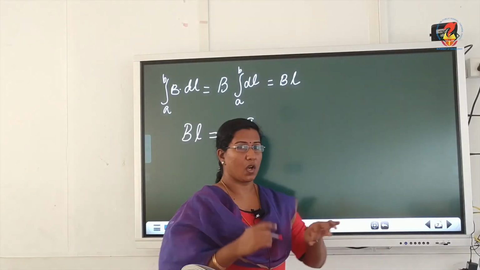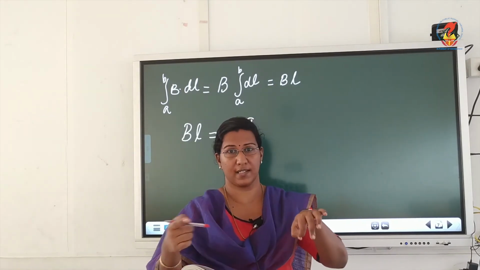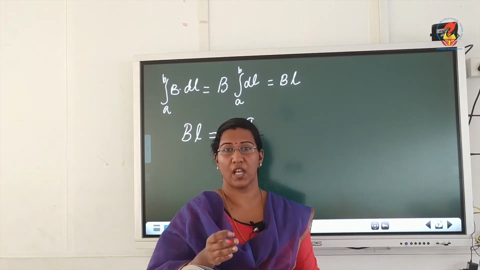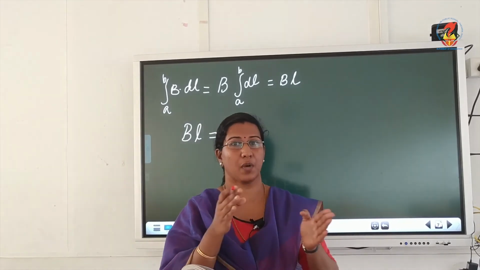Now, you know, a solenoid consists of N number of turns or coils, and through these N coils current will be passing. So what will be the total current in the solenoid? N into I, isn't it?